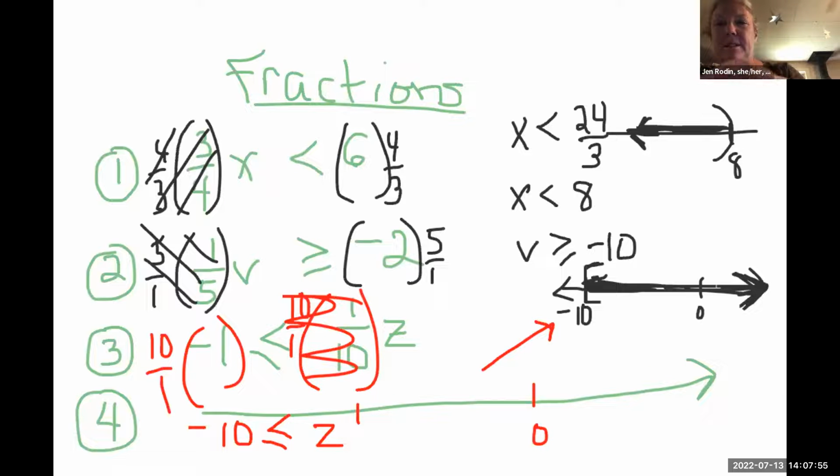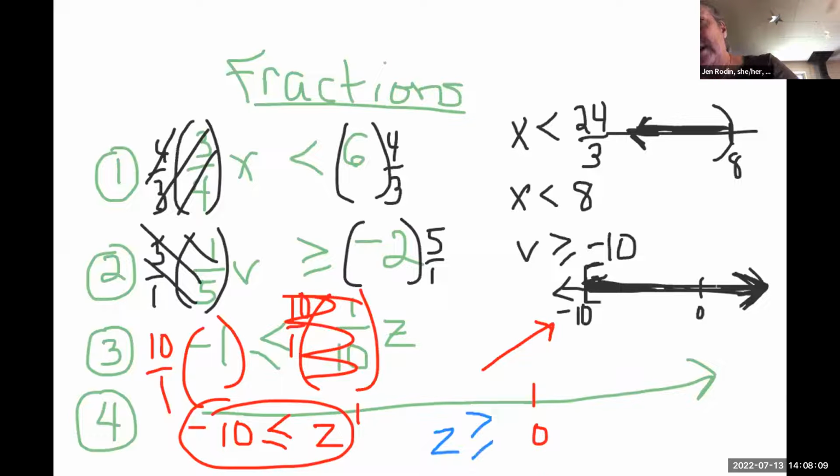So -10 is less than or equal to z, or z is greater than or equal to -10. Those mean the same thing, as long as the z has the big part of the arrow pointed at it. That's also true.